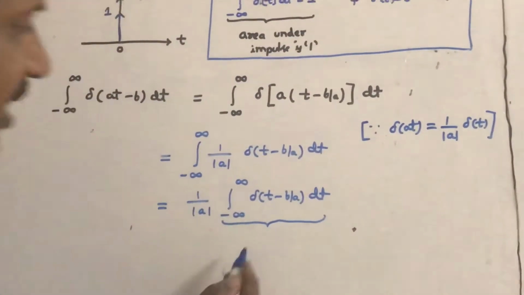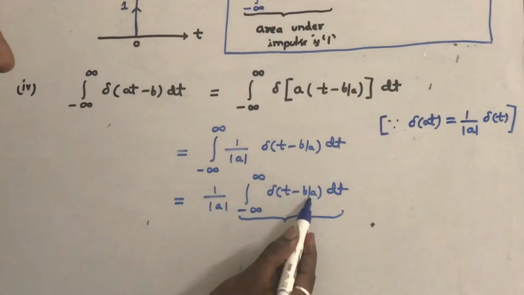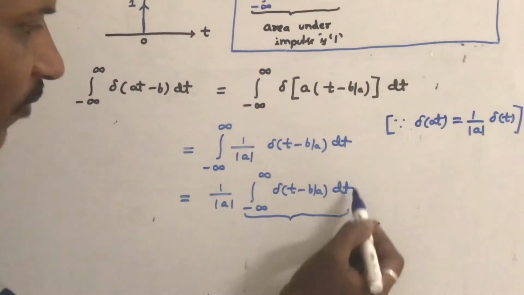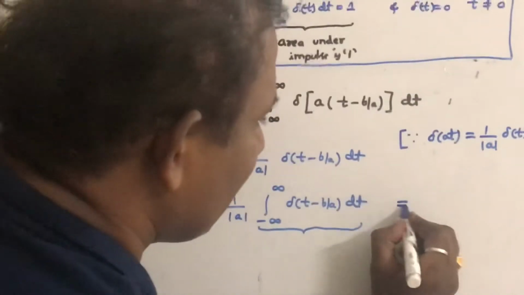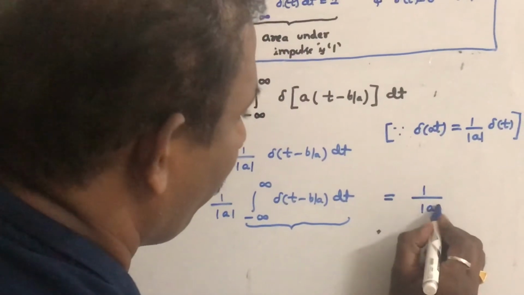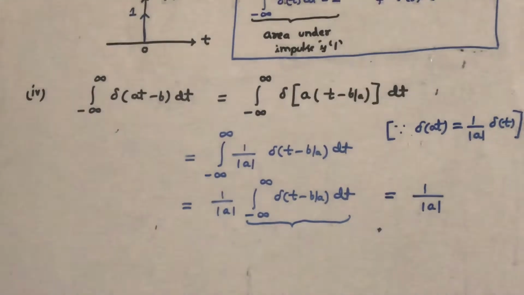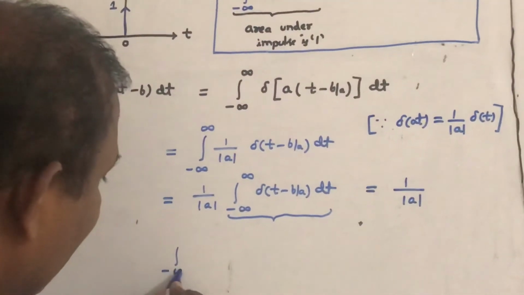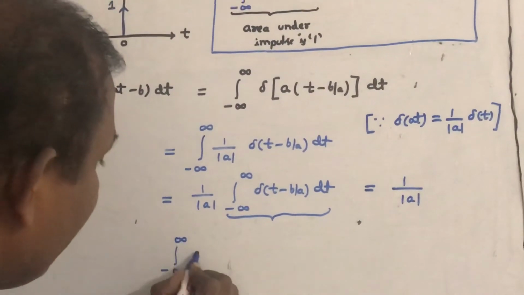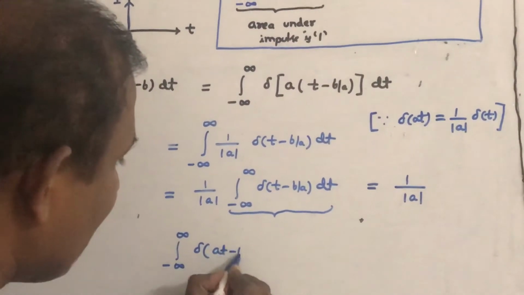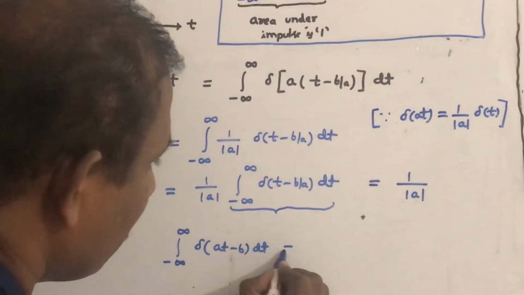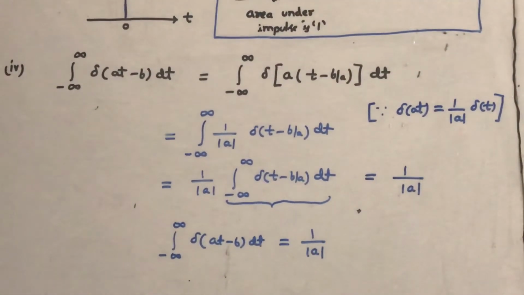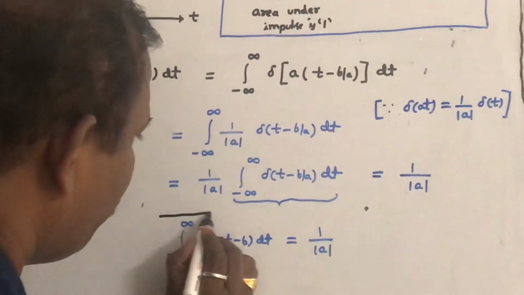This impulse exists at t is equal to b by a, and the area under this impulse always remains unity. That means the value of this integral is 1. Therefore, simply the answer is 1 by mod a. So the integral of del of at minus b dt is 1 by mod a. This is the answer for the fourth property.